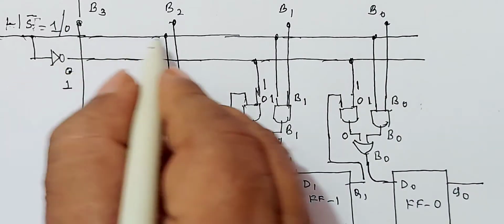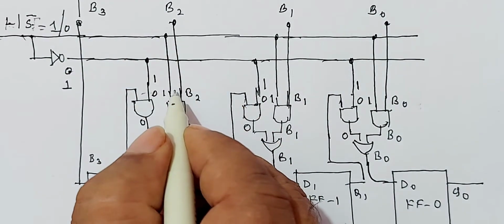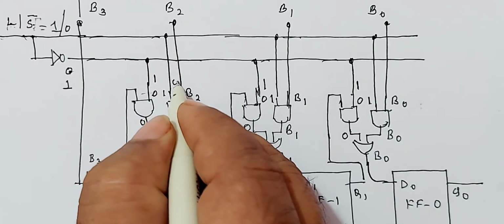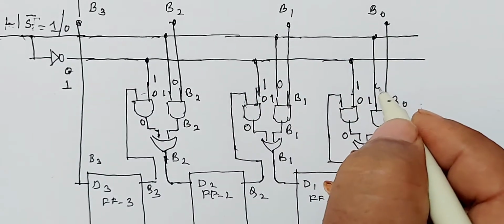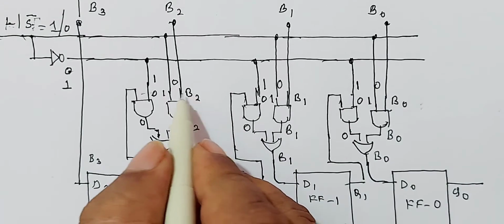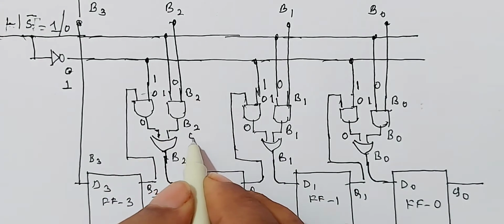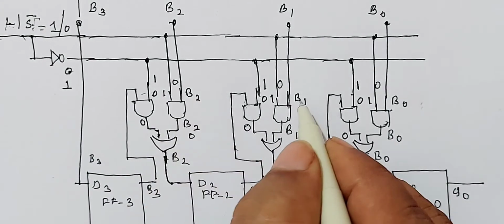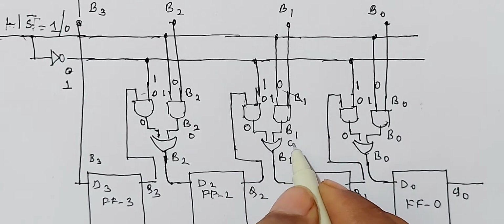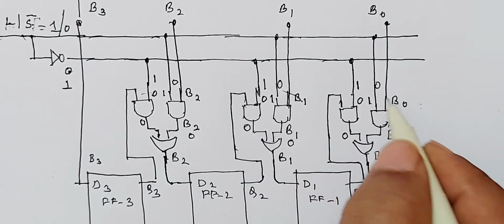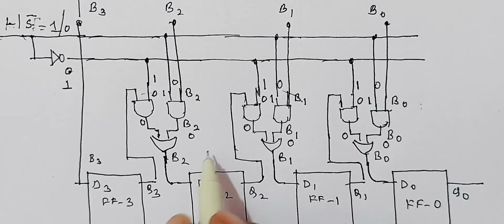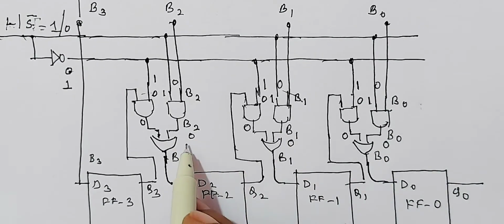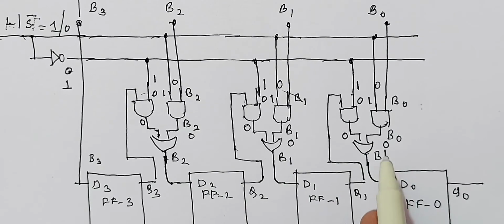And this line becomes 0. So this line becomes 0. And this line becomes 0. This line becomes 0. We know 0 into B2 is 0 itself. Output of this AND gate is 0. 0 into B1 is 0. Therefore, this is 0. 0 into B0 is 0. This is 0. So, during the shifting process, output of these AND gates is 0, 0, 0.